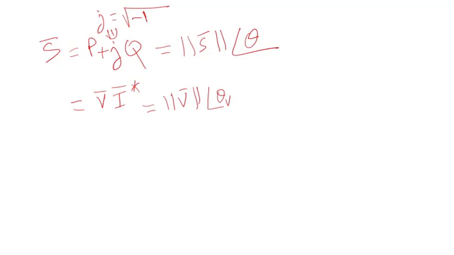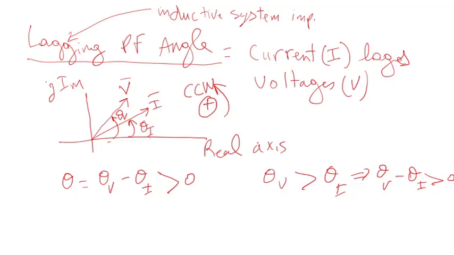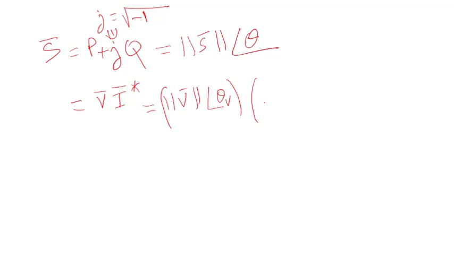So this is V with angle theta V times the current. From the previous slide, we said current has an angle of theta I. So the magnitude of the current, the phasor of the current, with the angle of theta I, and there's a conjugate here. So when you have multiplication, magnitude times magnitude, it doesn't change, so we'll just write V times the magnitude of current.